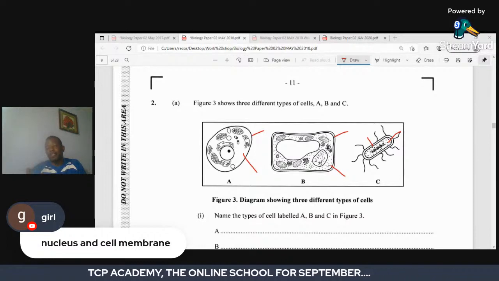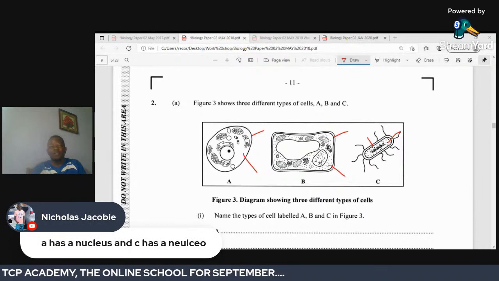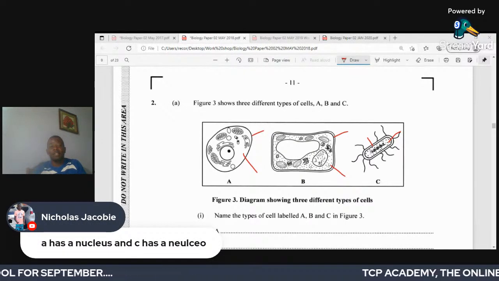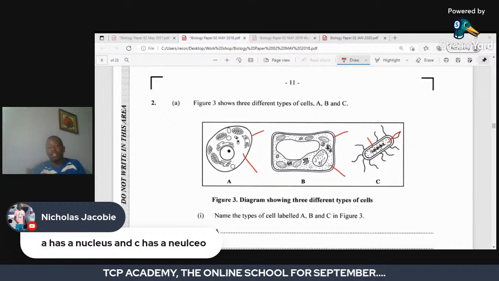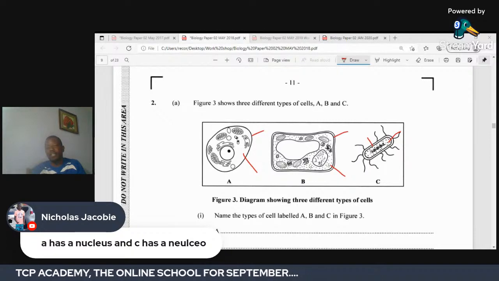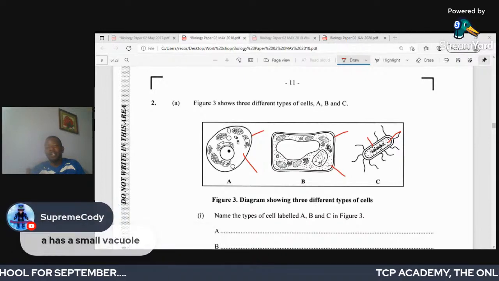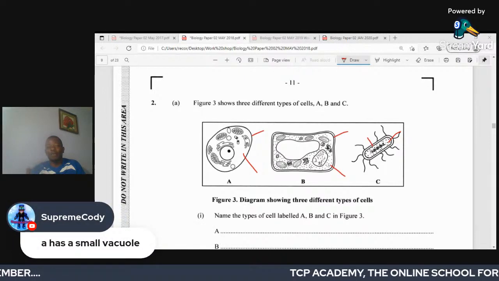So I think I'm seeing something here. Look at that answer on screen. A has a nucleus. However, C does not have a nucleus. Can we go again? I'm looking for the other one that just stuck out like a sore thumb. The flagellum. I wasn't thinking about that, but that's a nice one as well.